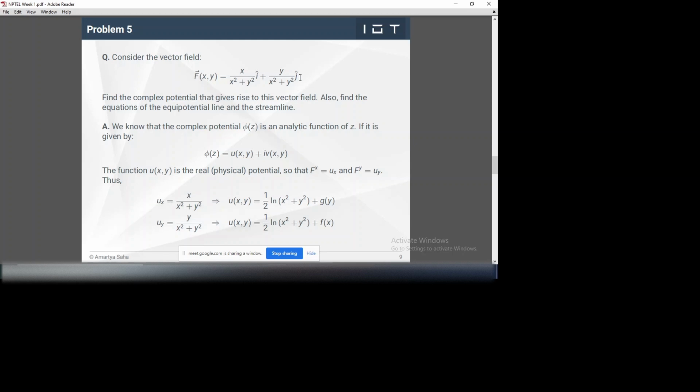If F is an electric field which has this form, which potential gives rise to this electric field? So we would like to find that potential. And in 2 dimensions, there is a speciality because of the existence of these complex analysis things. So these things can be done in a much easier and more elegant way.